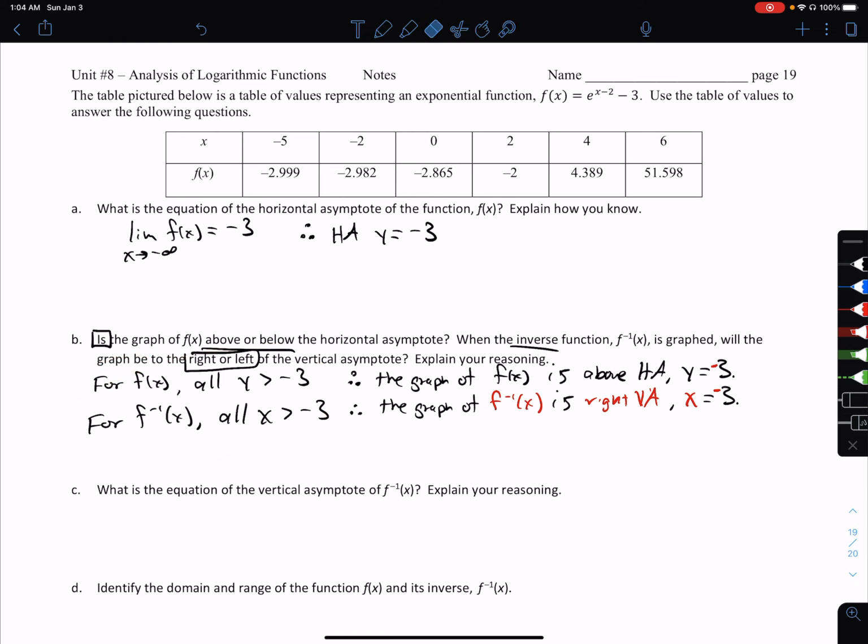What's the equation of the vertical asymptote of f inverse? Explain your reasoning. Well, f of x has a horizontal asymptote at y equals -3.